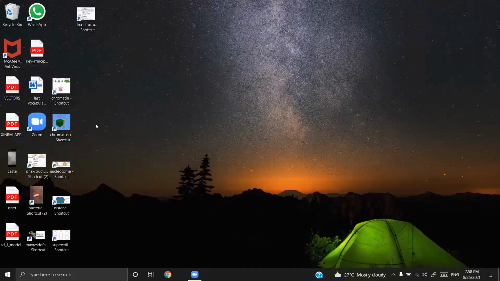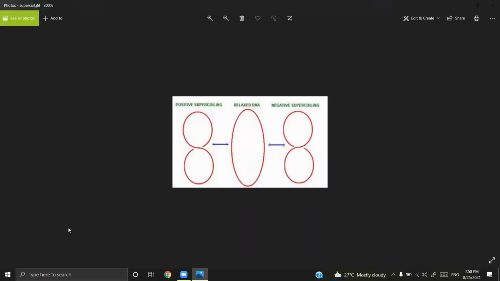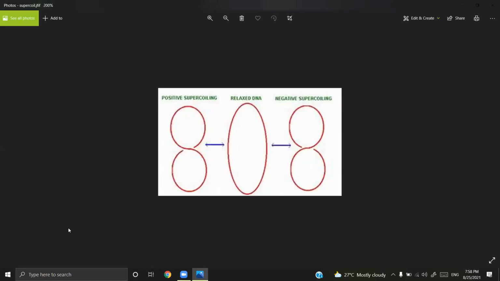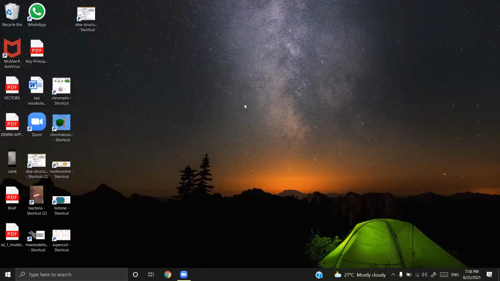First, I was talking about the DNA supercoiling that you can see here: the relaxed DNA, and the positive and the negative supercoils, which are trying to coil up in order to reduce the volume that it's going to occupy.